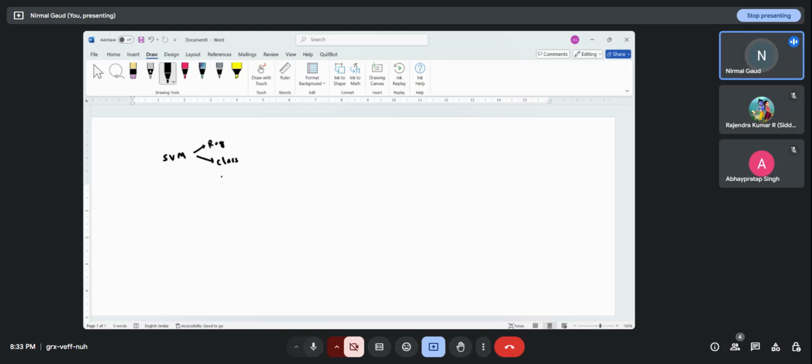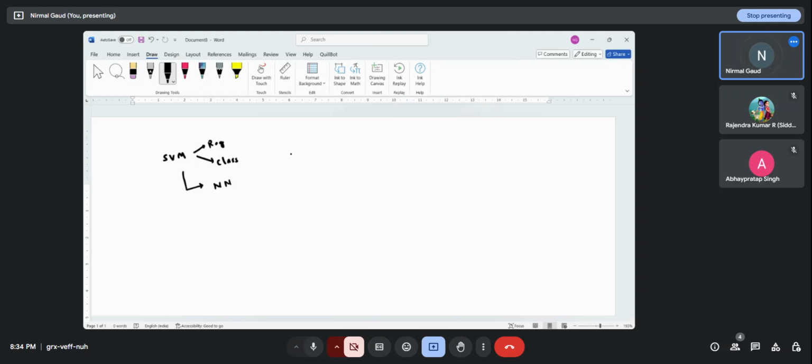SVM is one of the strong machine learning algorithms, which has good capability, and it can be compared with deep learning neural networks also.